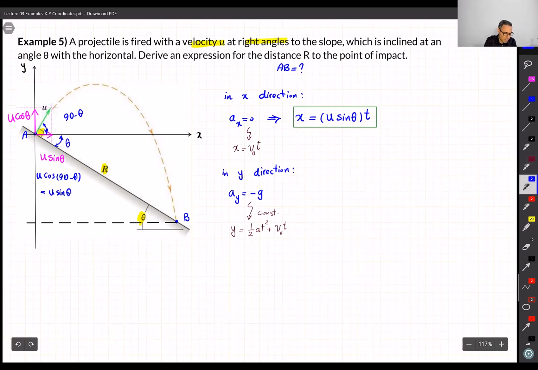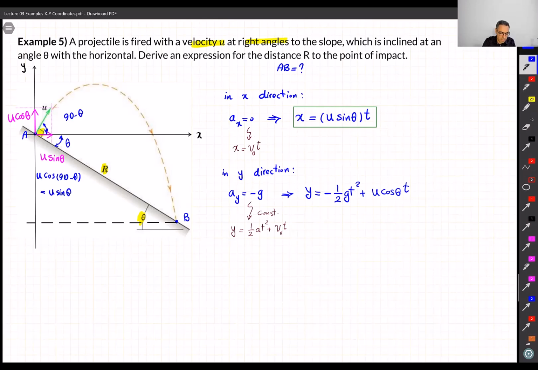So all I need to do, I write down y is equal to half of g t squared plus u cosine theta t, right? Because my initial velocity in y direction is positive, it is in the direction of y, and it is u cosine theta.